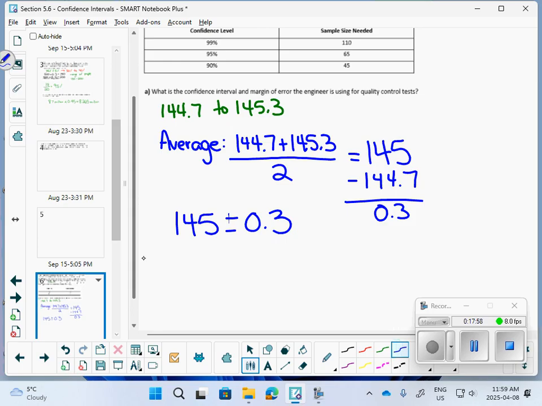We'll do B and then we'll call it. What is the relationship between the confidence level and the sample size? Let's go back to your chart. What do you notice?